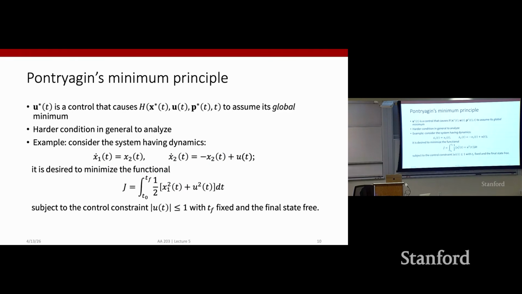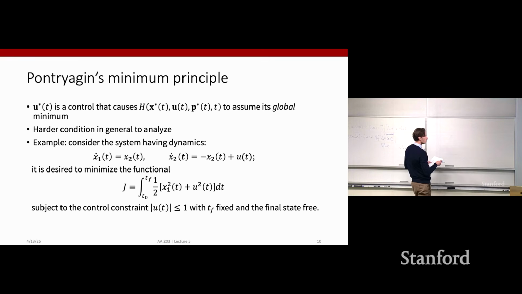Okay. So indeed, we want to approach this minimum energy problem where now we have some bounds on the controls. And specifically, again, as usual, we want to be methodical. So we define the Hamiltonian as 1/2 x1 squared plus u squared. And here I'm omitting dependency on time, just to save some ink.